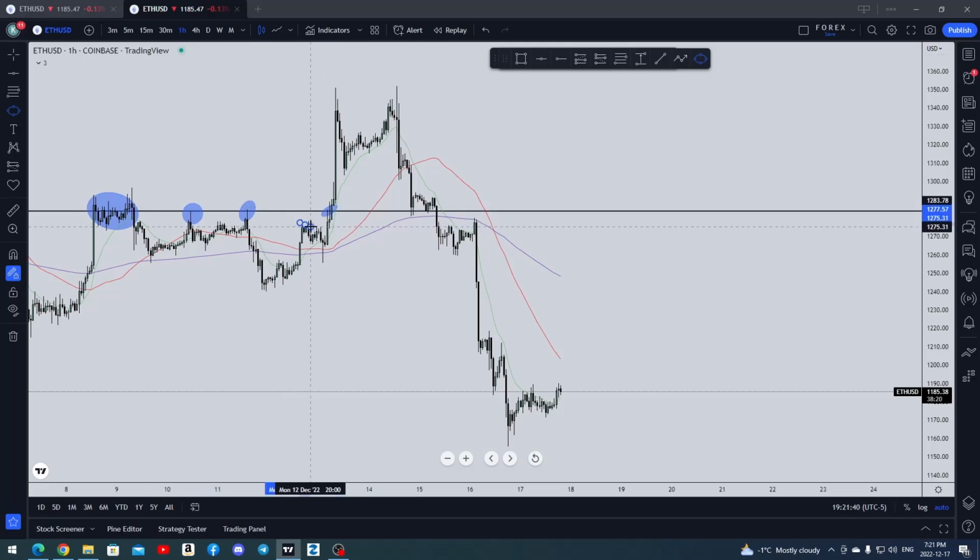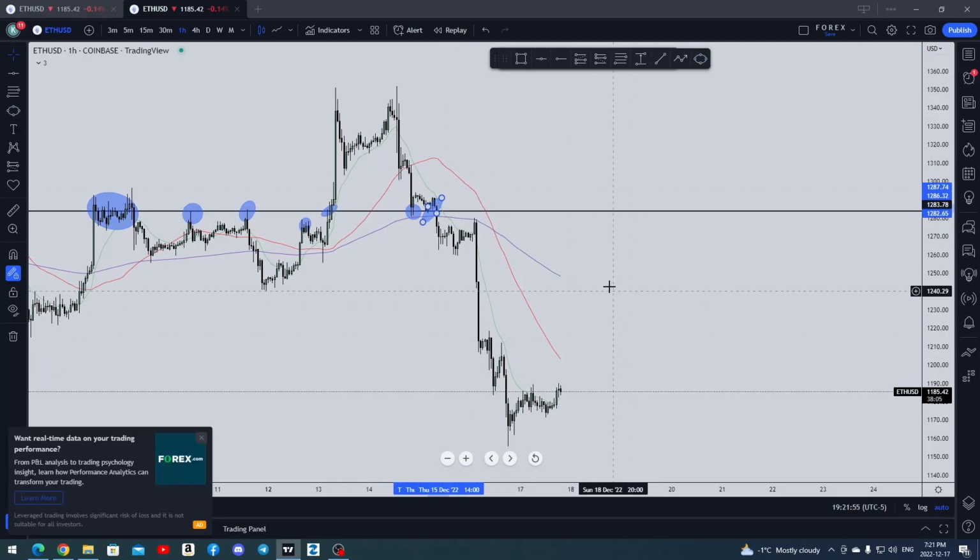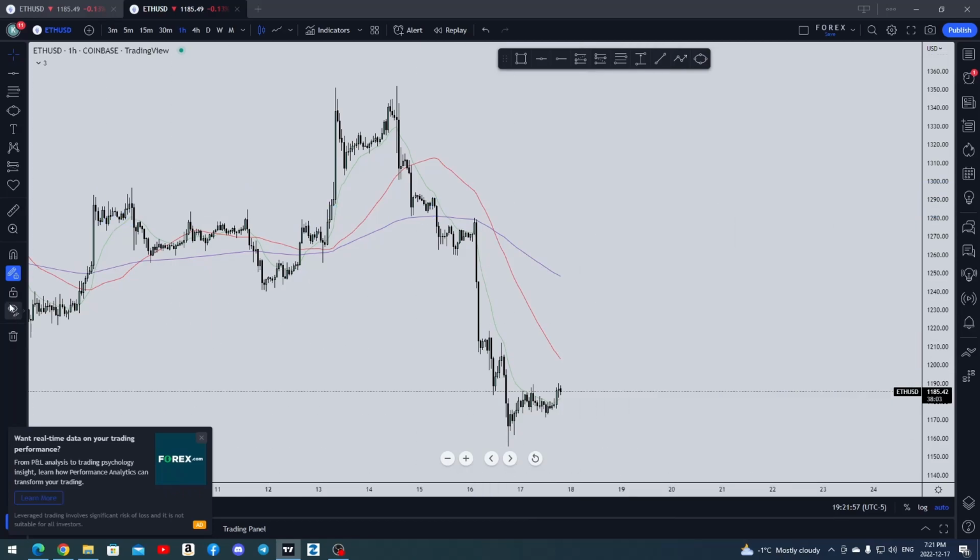Even that would be considered a resistance, although it didn't touch, it rejects that level. And then resistance becomes support, support becomes resistance, support, support. Then finally we have a break. And that's what we're looking for. So I'm going to remove that.